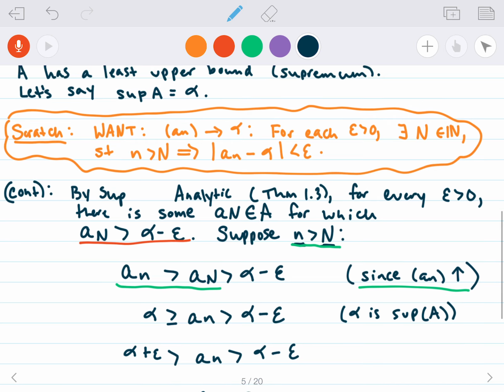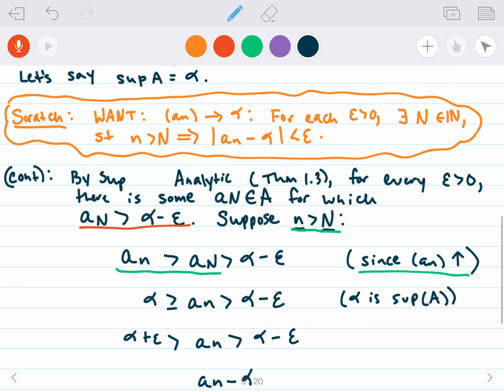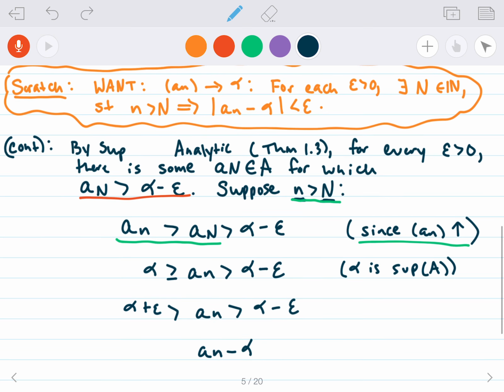So if I subtract alpha from everybody, I get that A sub n minus alpha is going to be less than epsilon and bigger than negative epsilon.